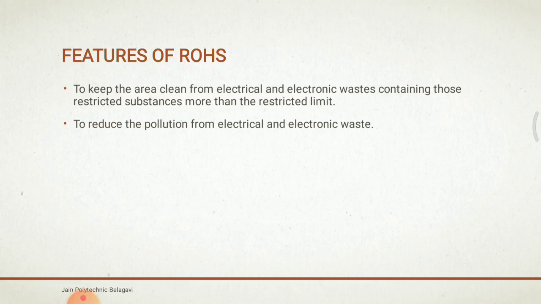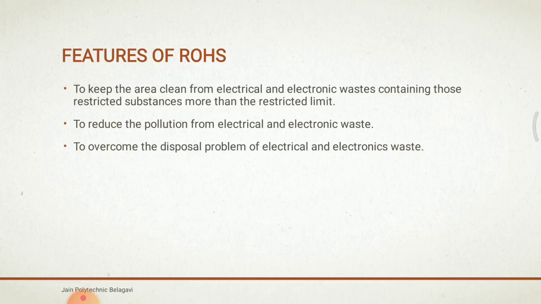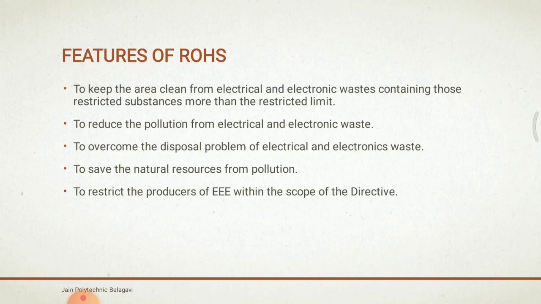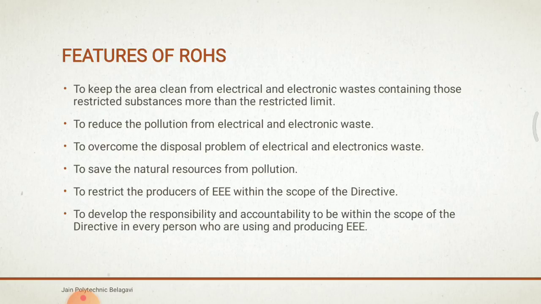It also helps overcome the disposal problem of electrical and electronic wastes, and saves natural resources from pollution. It restricts the producers of EEE within the scope of the directive, developing responsibility and accountability in every person who is working on or producing the products.